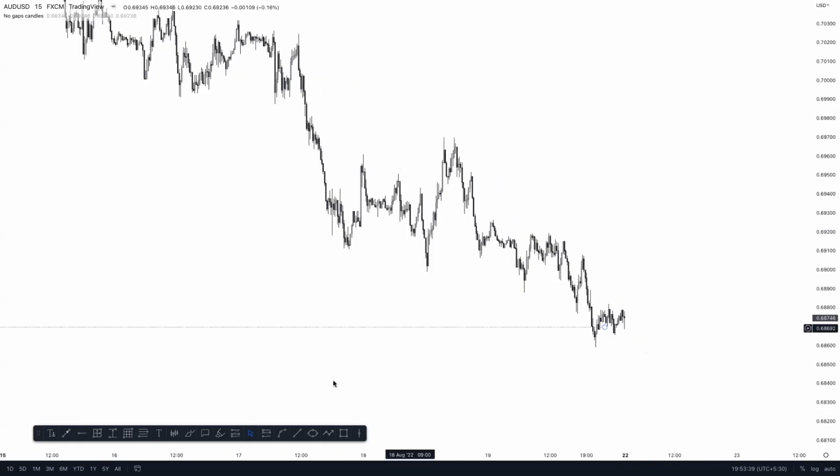All right, so if you mark the structure here, this was the structure, and what happened here to the upside, market took out the high and pushed downside, breaking the structure.